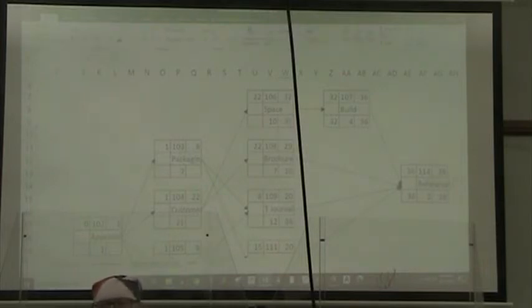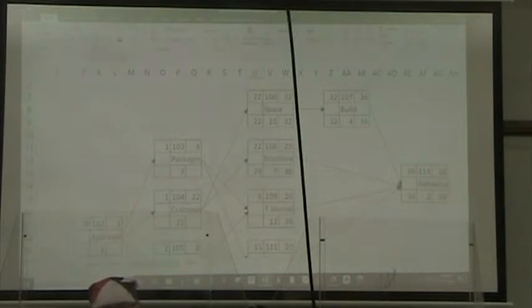All right, well, of course, we then say, what are the late start times for all of these? Well, this one is equal to our late finish time minus our duration. This is equal to our late finish time minus our duration.